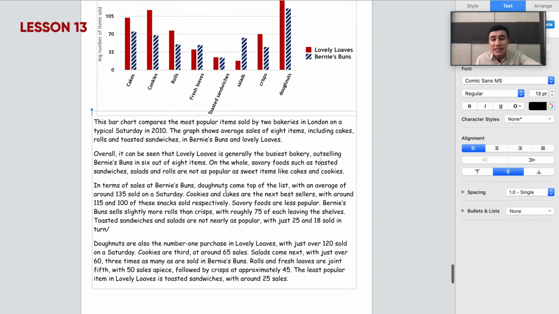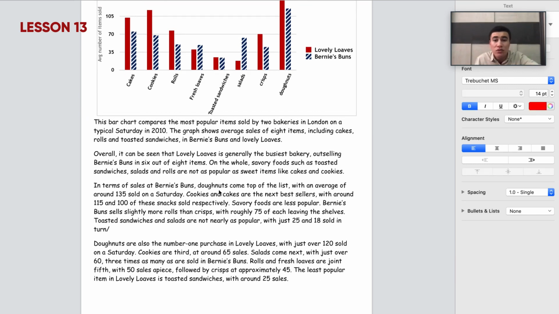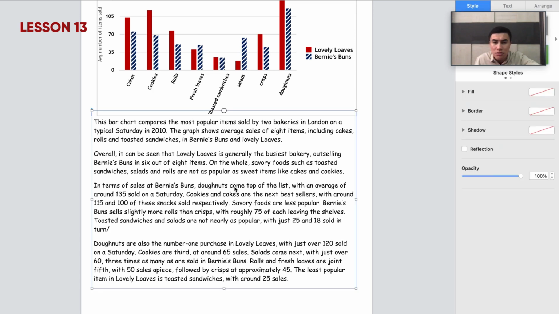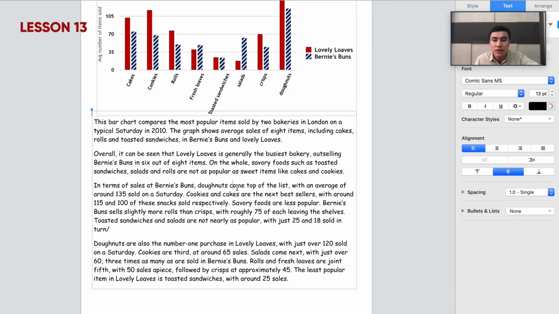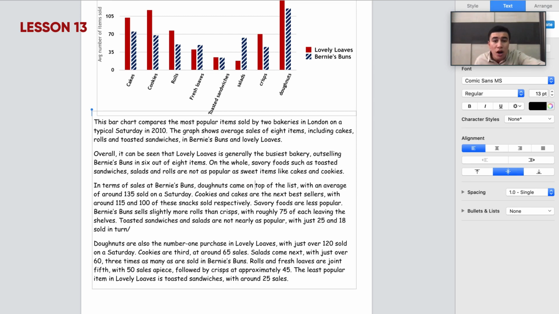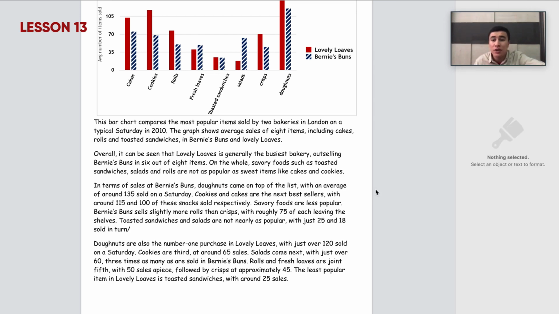And now, detailed paragraphs. In terms of sales at Bernie's Buns, donuts come top of the list with an average of around 135 sold on a Saturday.